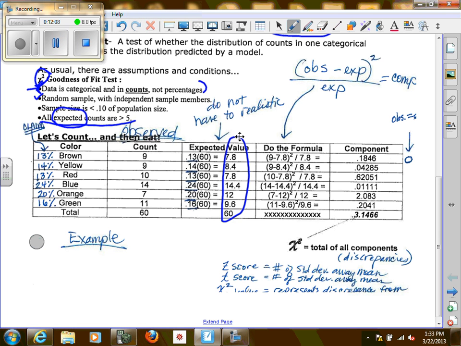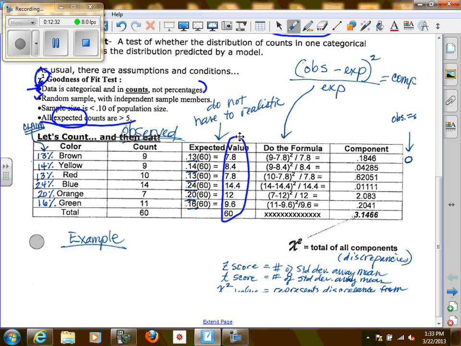The goal here is to see what's the discrepancy in the number of browns, the number of yellows, and the number of reds. Then you get a value for how far off those are, and you total up all those discrepancies.